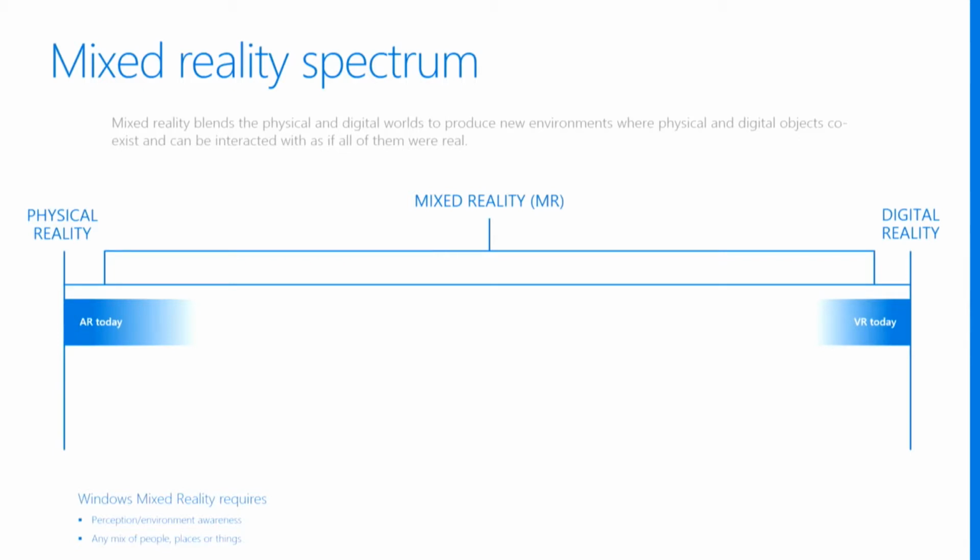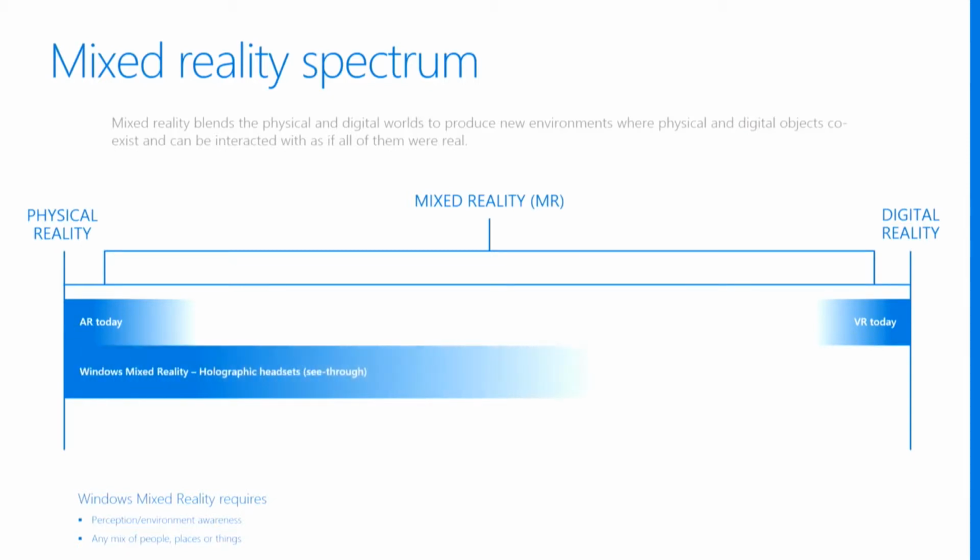And basically, to run your application and enable this mixed reality experience, you do need smart computers. Those computers should be aware of your surroundings, your environment, and have perception of your real world. Also, we need to mix people, places, and things all together, so we need to be able to create and visualize those digital assets.